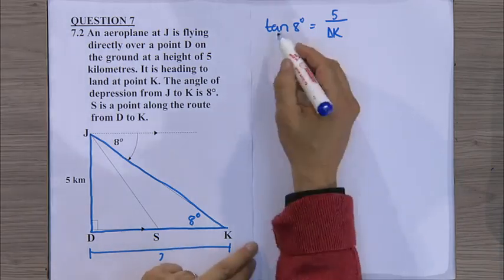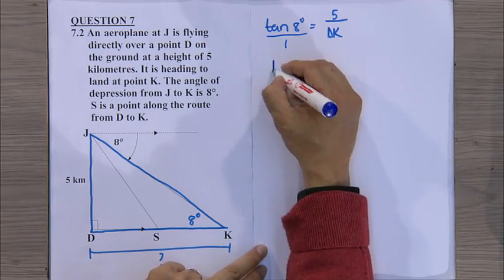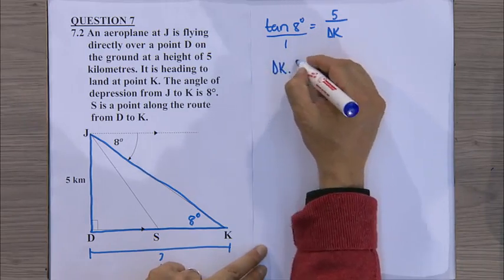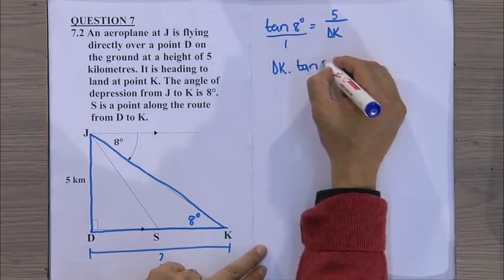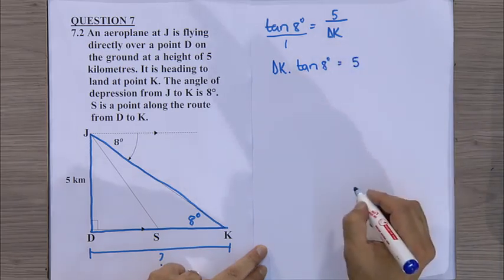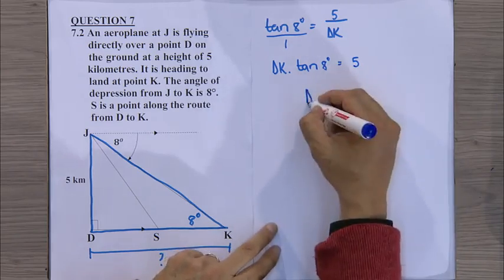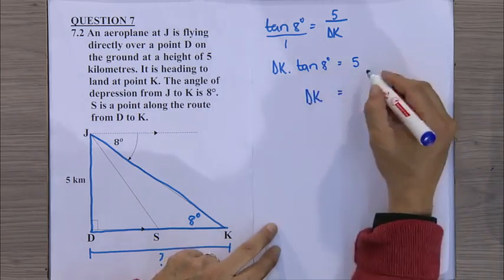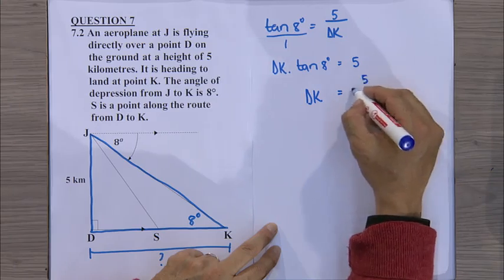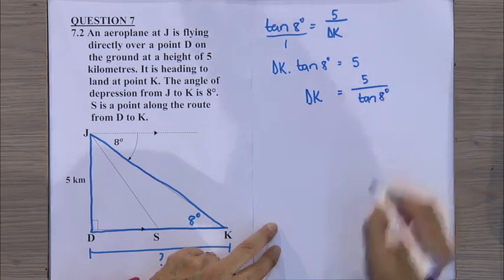Now it's again just a bit of manipulation here. We cross multiply: DK times the tan of 8 degrees is equal to 5. Balance again. So DK is equal to 5 over tan of 8 degrees.